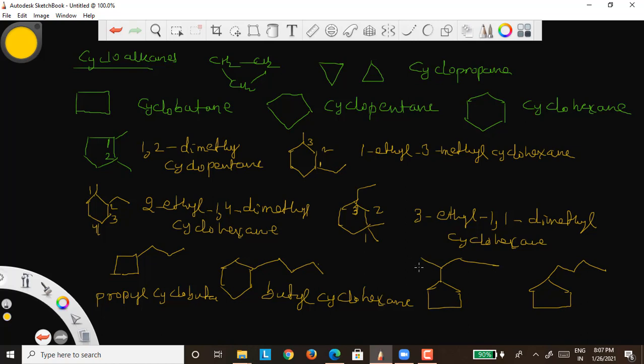This is also butyl. But your main group will be cyclohexane here, so this alkane group will be the substituent. This is also butyl, this is also butyl, but this butyl is connected at the two position, and this one is connected at the one position. So you can say 2-butylcyclopentane. And this is butylcyclopentane. Okay, so let's go to the next page.